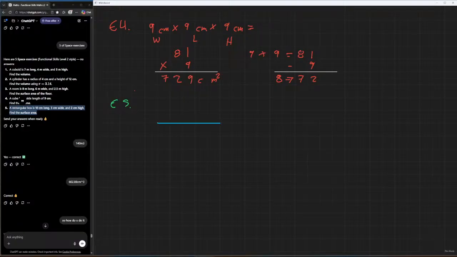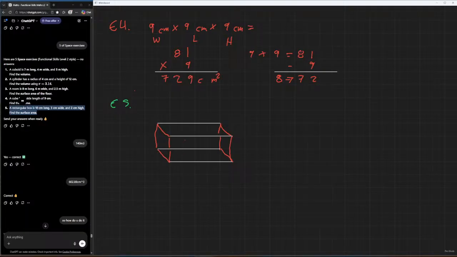So we have a rectangle. Something like this now is the nice way to do it.